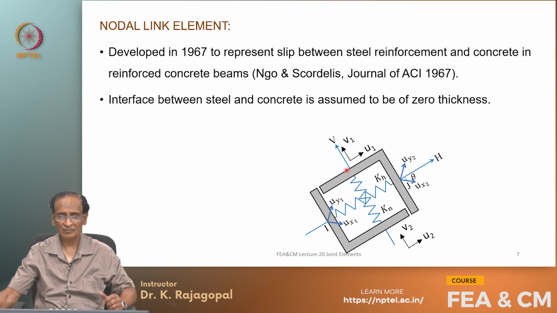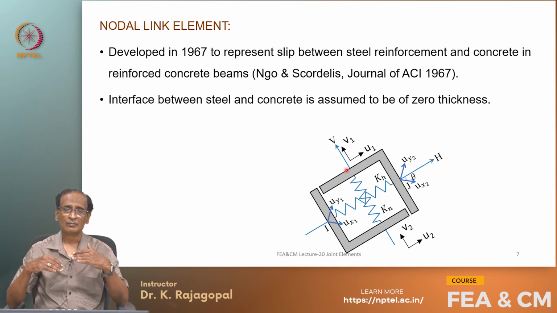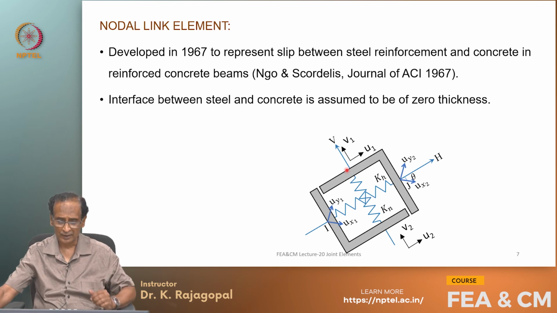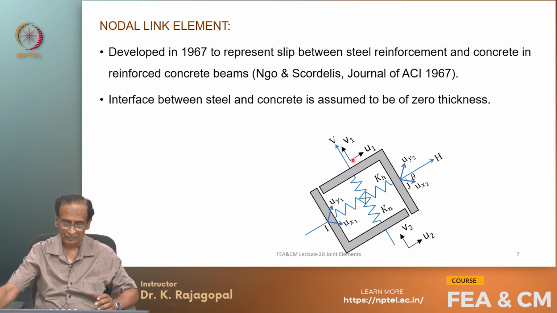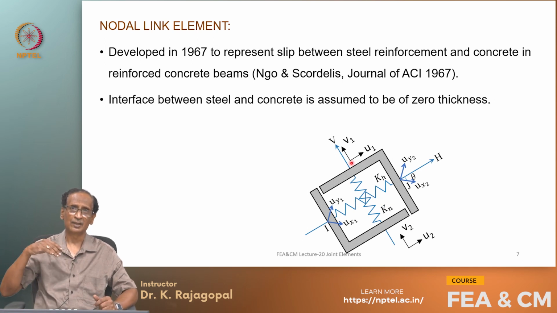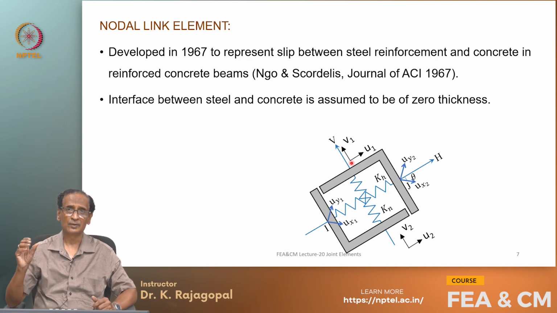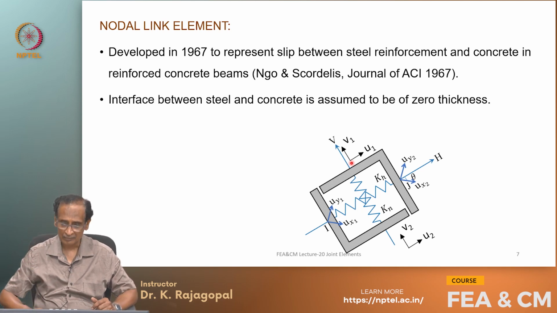The displacements on both sides of the interface are referred to as u1, v1, u2, v2, where u's are the tangential displacements and v is the normal displacement with respect to the interface.